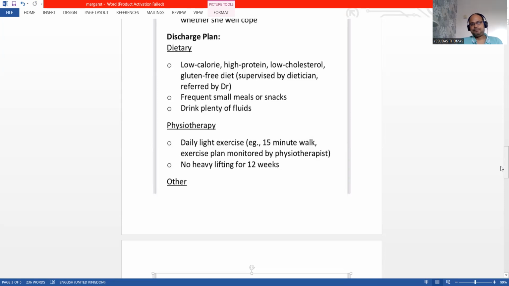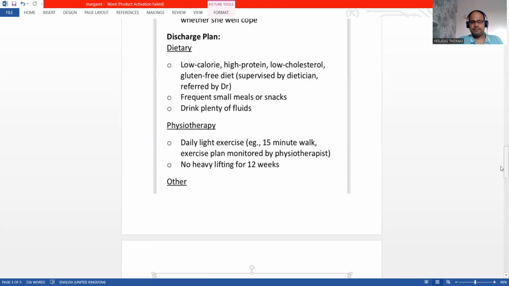We have diet-related, physiotherapy-related, and other related. So first we go with the diet-related discharge plan. Low calorie, high protein, low cholesterol, gluten-free diet. Small, frequent meals. Drink plenty of fluid. So all this data is very important in the letter.